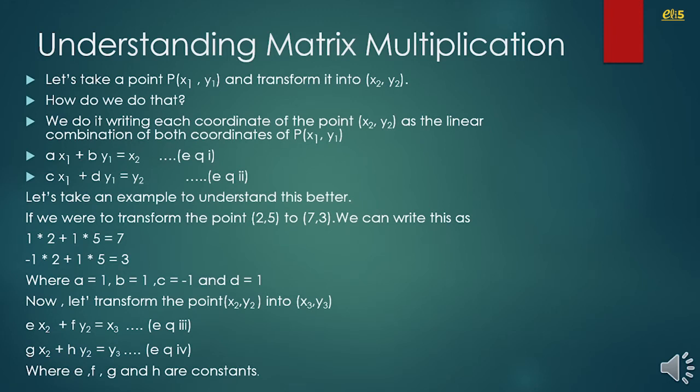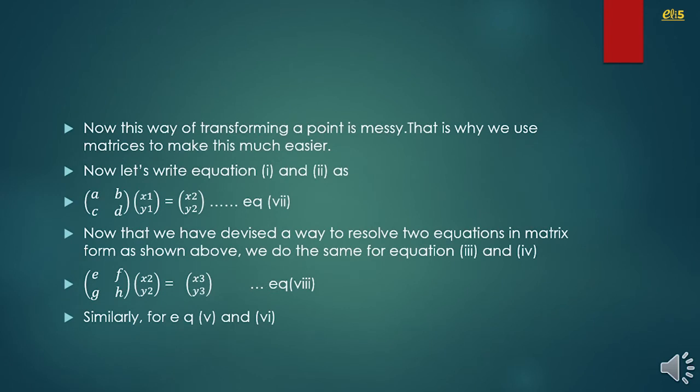That is A, B, C, D represent one matrix, and x1, y1 represent the other matrix, and our product is also a matrix. That is x2, y2 is another matrix. And you can see it here, that is the constant coefficients are a matrix, the variables represent one matrix, and the product is another matrix.